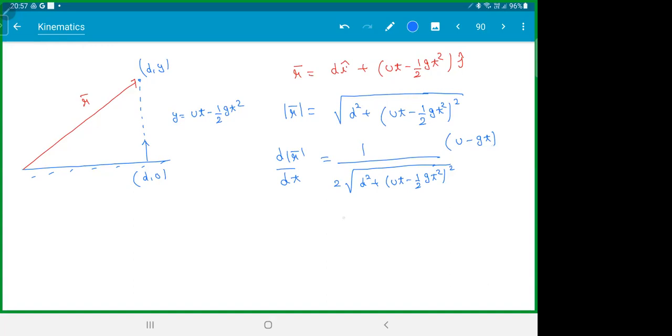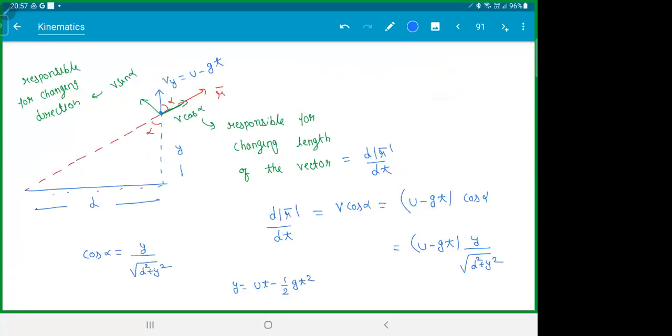This is what you get: 2 times (ut minus half gt square) into (u minus gt). 2 will get cancelled. This is nothing but y by root over d square plus y square into (u minus gt). Check. Isn't it the same answer?